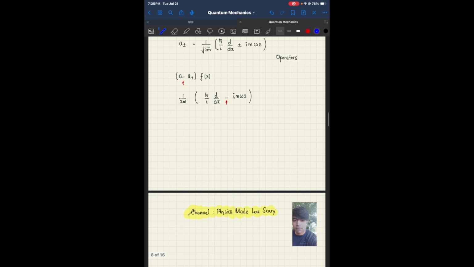Then I have the plus, so I need to take the plus now. I'll write again h bar by i plus i m omega x. And I mentioned these two things together don't make sense unless they act on an f(x) here. So this plus is this plus, and, oops, I missed the d/dx.